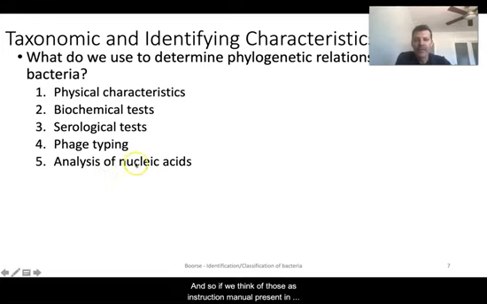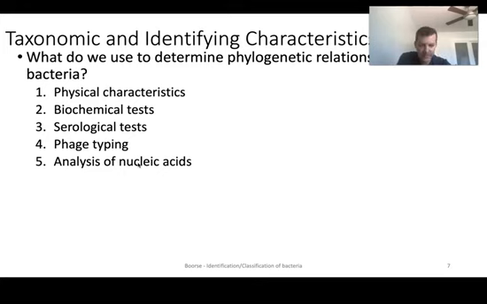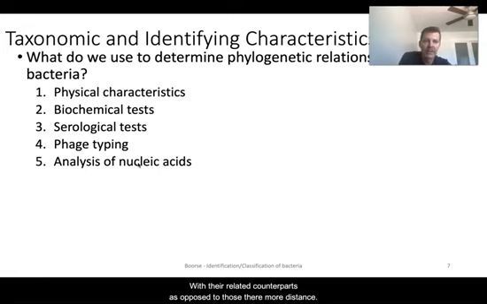And so if we think of those as instruction manuals present in every living thing, while there's similar overlapping instructions across all life, there's shared biological pathways and information, there's some unique things as well. And so by looking at those unique things within the instruction manual or nucleic acid, we can learn about how certain bacteria might be more similar because they share more nucleic acid with their related counterparts as opposed to those that are more distant.